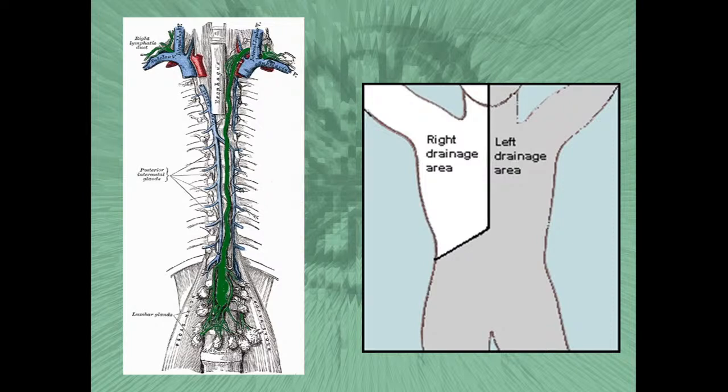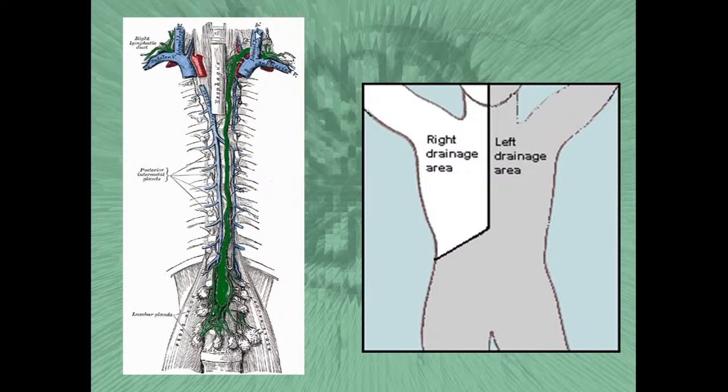Then it exits the thoracic cavity through the superior thoracic aperture and enters the neck region, where it receives the left jugular trunk, then curves posteriorly to the left internal jugular vein, receives the left subclavian trunk, and empties into the left venous angle, also known as Pirogov's angle.